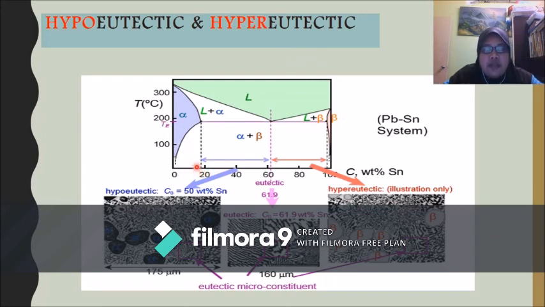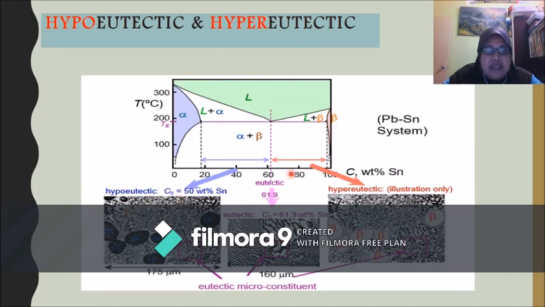If the alloy composition places it to the left of the eutectic point, which is the blue arrow on the phase diagram, then it is called hypoeutectic.